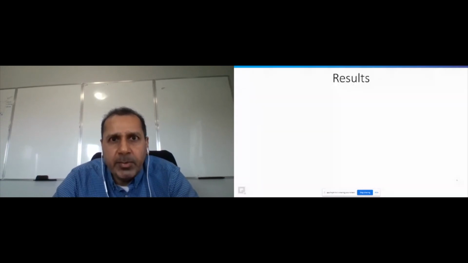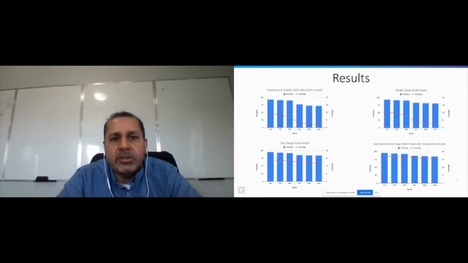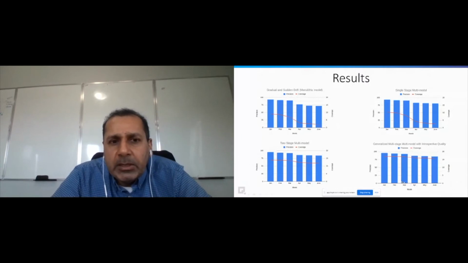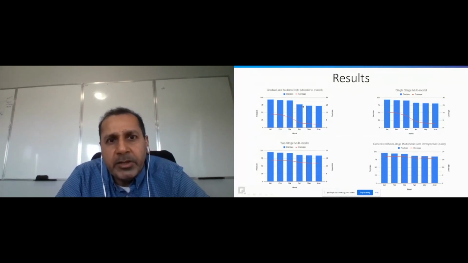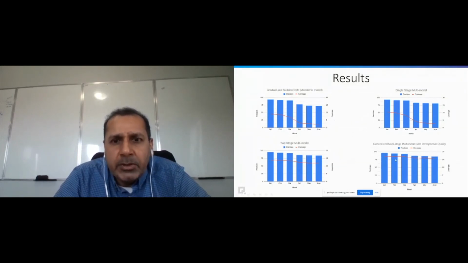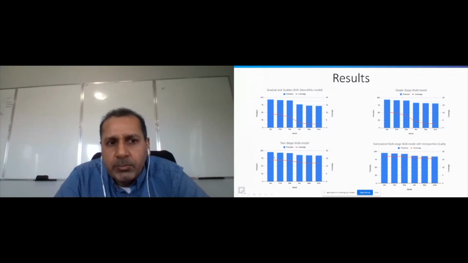So let me quickly jump back to our results. Notice the boost in performance is even more significant here. While I could have applied this introspective quality directly to the monolithic model, in this particular example I am applying it to the previous layer. As you can see, the boost from the two-stage multimodal output is again more significant.